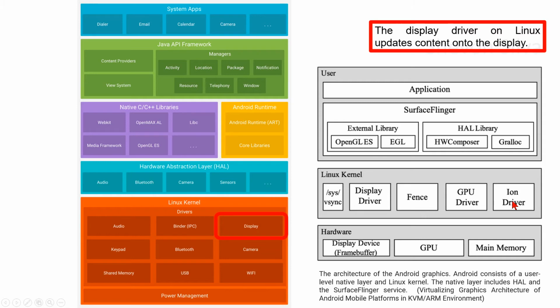After the memory buffer is allocated, SurfaceFlinger issues OpenGL commands on the memory buffer to build the graphics image, and then composes multiple buffers into a single buffer with the help of the HW Composer HAL. Then SurfaceFlinger sends the composed buffer to the display device. Finally, the content in the composed buffer appears on the physical display device such as an LCD.